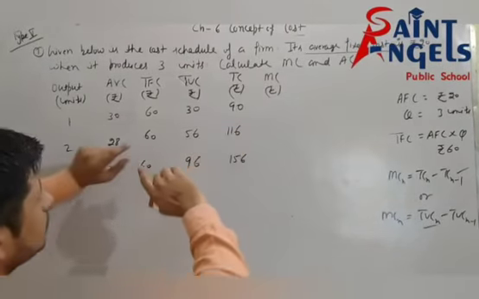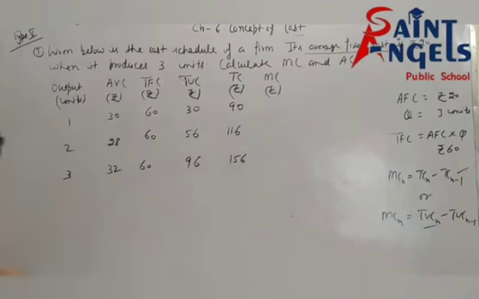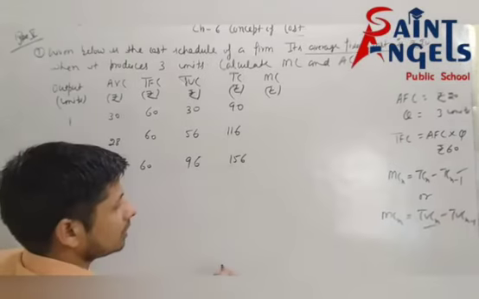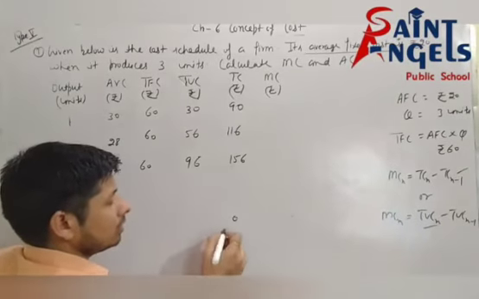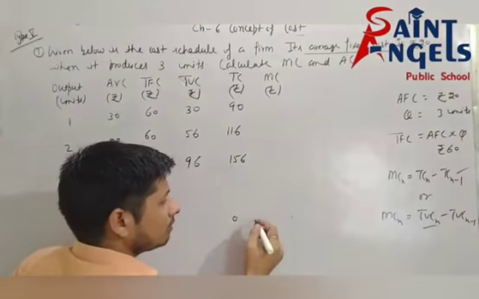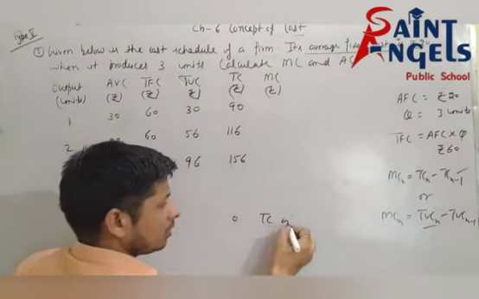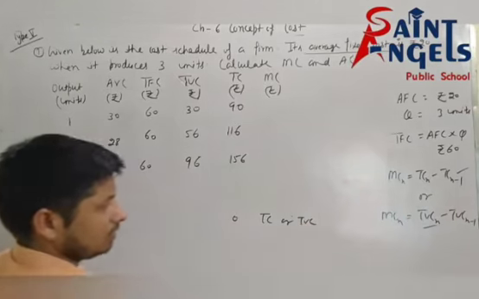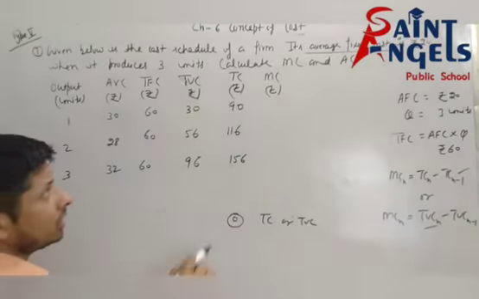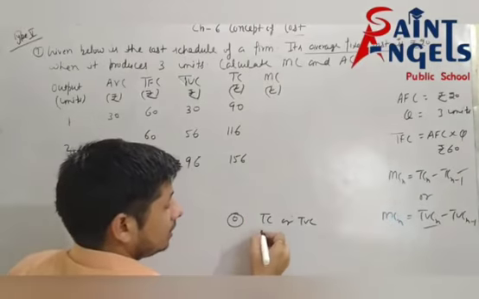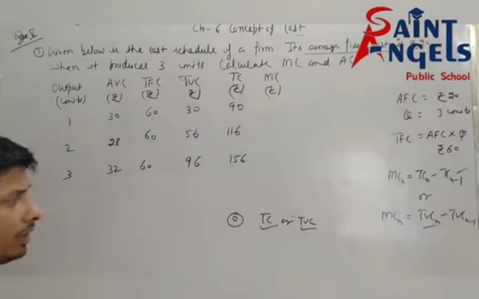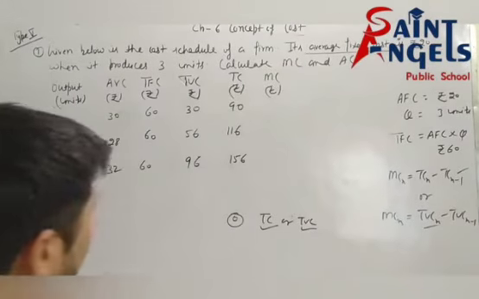See, calculate MC. Now see, always remember, when output starts from 0, then you can calculate MC either with the help of TC or TVC, and value of MC will remain same.